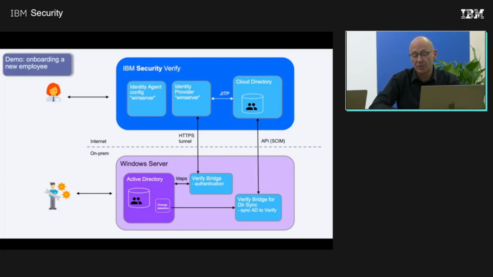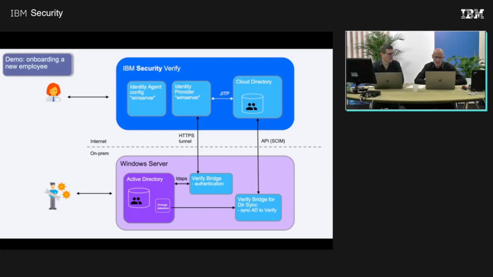And this is something, in fact, that we've configured in parallel with the synchronization. So this means that whenever this person logs in via the Active Directory credentials, her attributes will also be kept up to date in the cloud directory.